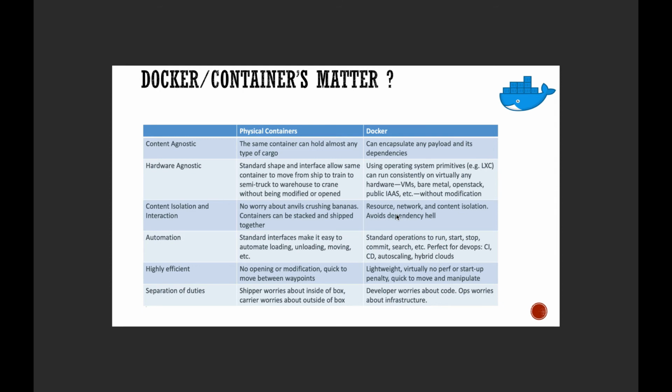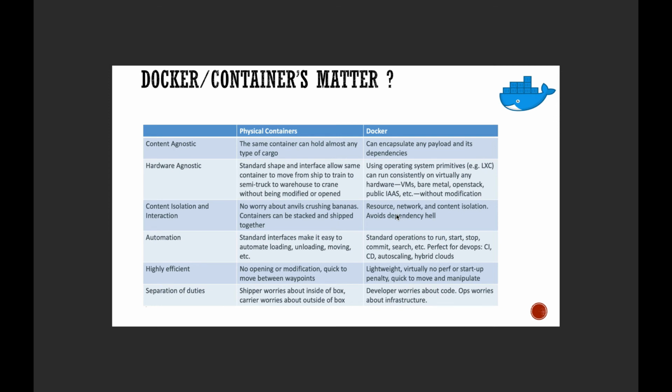Now it is highly efficient for the physical containers because there is no opening or modification. It is very quick to move between the waypoints because of the standardized structure and the locking or sealing part. Similarly, Docker is lightweight, with virtually no startup penalty, and it is quick to move and manipulate.